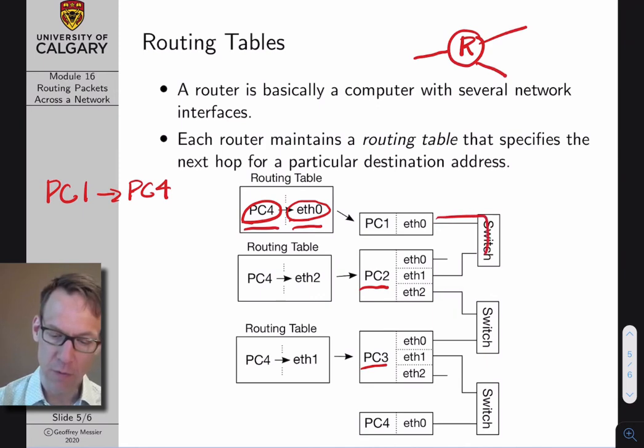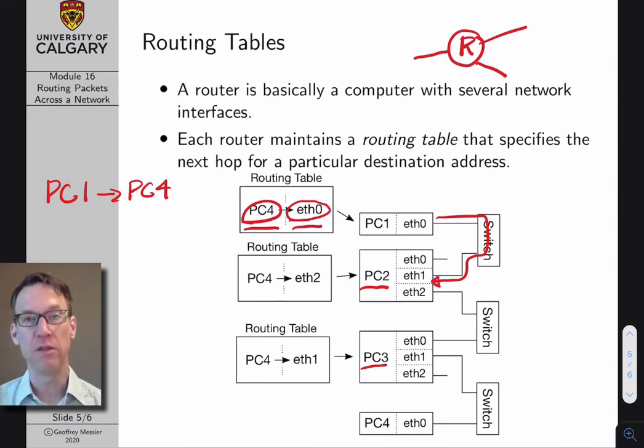It goes over the switch, comes in on Ethernet interface 1 for PC number 2. Now PC number 2 is going to take that packet, it's going to look at the address field, and it's going to first check to see if the packet is for it, and if it is, it keeps it. But if it isn't, it needs to forward it along its multi-hop path. And so it's going to take a look at the address and it's going to say, oh, this is for PC number 4.